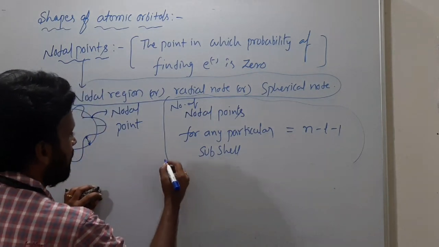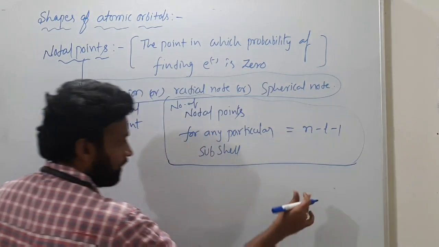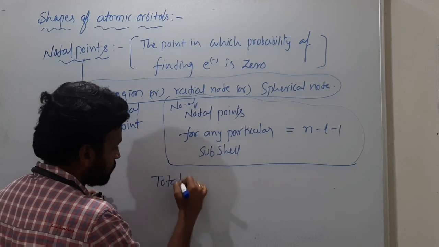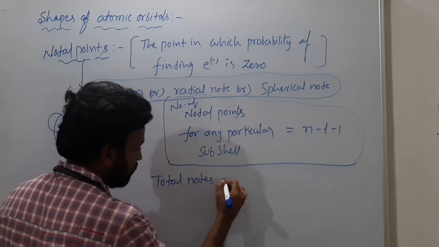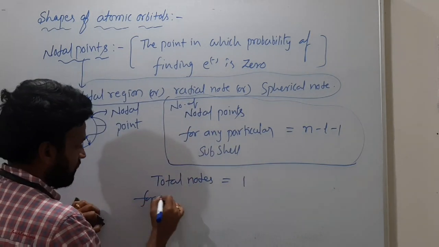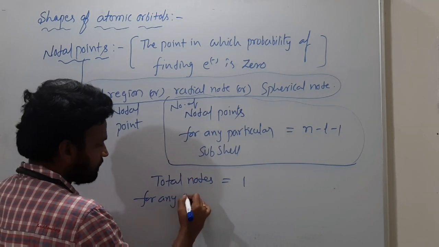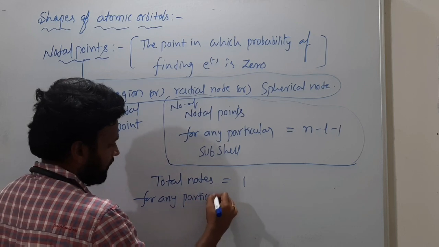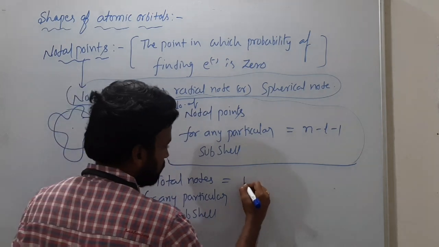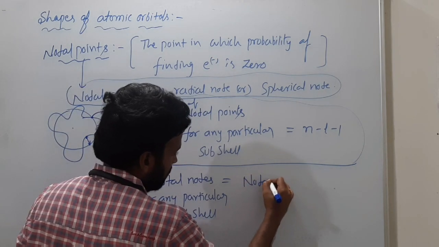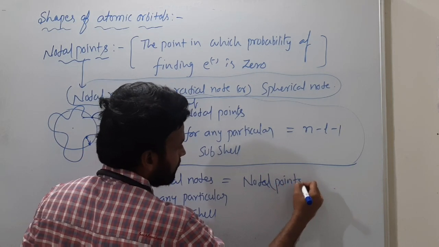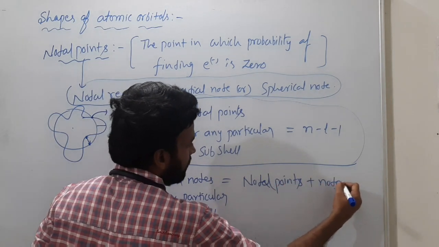So now you know the nodal points and you also know the nodal planes. Therefore, total nodes for any particular subshell is equal to nodal points plus nodal planes.